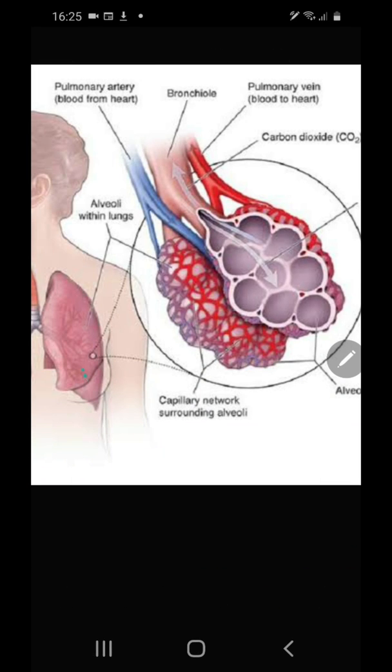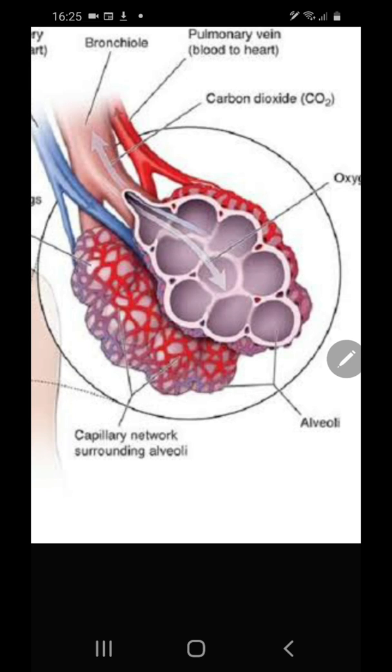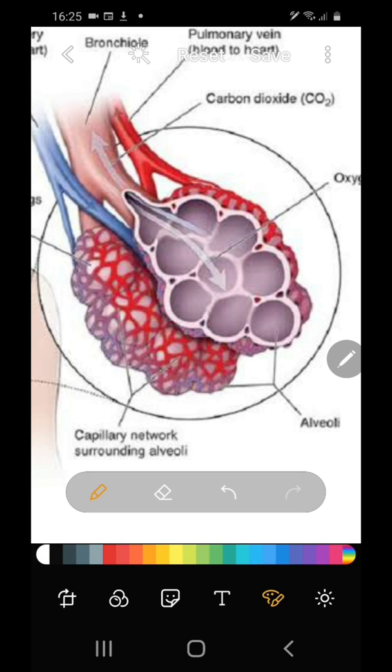So what happens after many cells inside the lung get infected by the virus? Basically, inside the lung there are very small balloon-shaped structures called alveoli. Alveoli are a very important part of the respiratory system, whose function is to exchange oxygen and carbon dioxide.